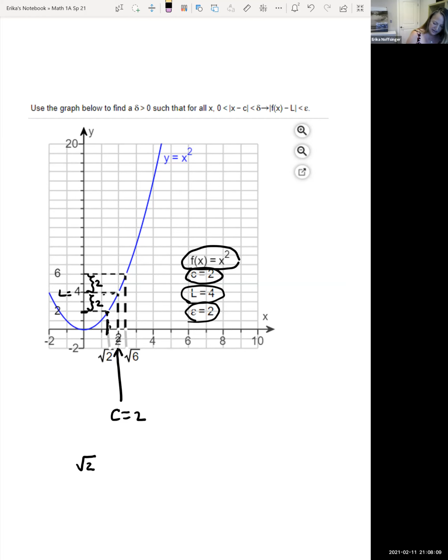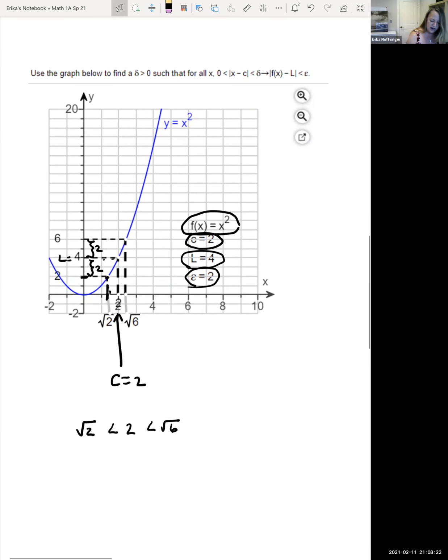Then we have some value here, which is 2, and we have here root 6. So we need to figure out what this distance is in here, and it might be the same and it might not.